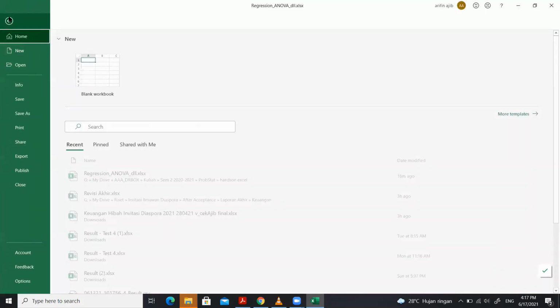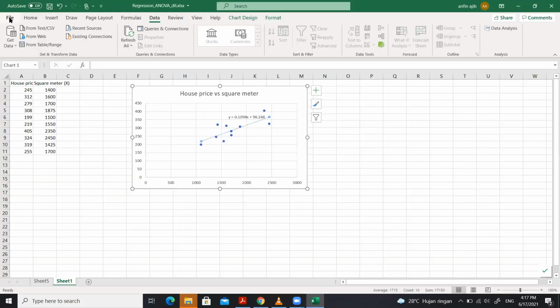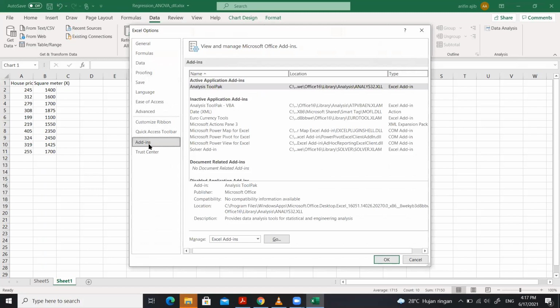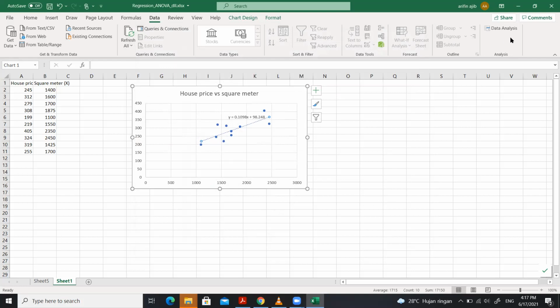But don't worry, you can install it free as an add-in. You can open the file, and then options, and then you can click the add-in, and then you can see the Analysis ToolPak, and then okay, and then after that, in this toolbar the data analysis button will appear.